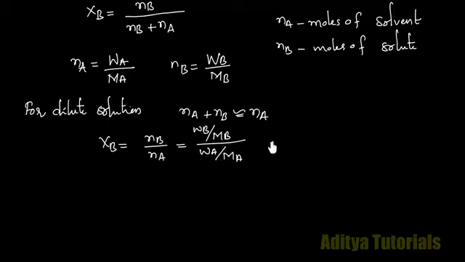After simplifying we get WB by MB multiplied by, the denominator of the denominator becomes numerator, therefore it becomes MA divided by WA.